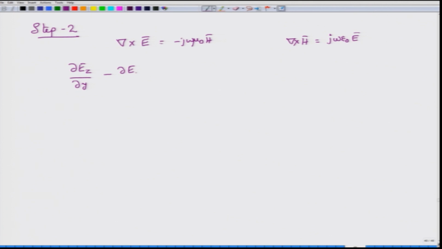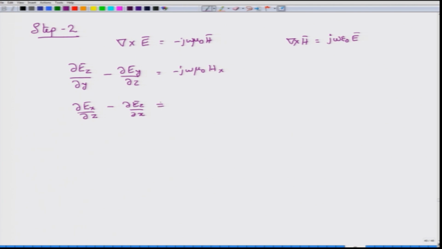Please note that each of those components themselves can be a function of x, y and z. So, Ez can be a function of x, y and z, Ey can be a function of x, y and z. This would be equal to minus j omega mu naught Hx. Similarly, you have del Ex by del z minus del Ez by del x.